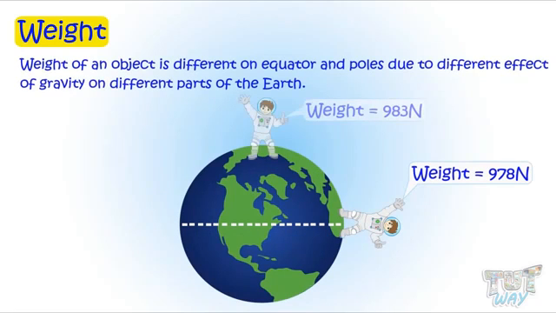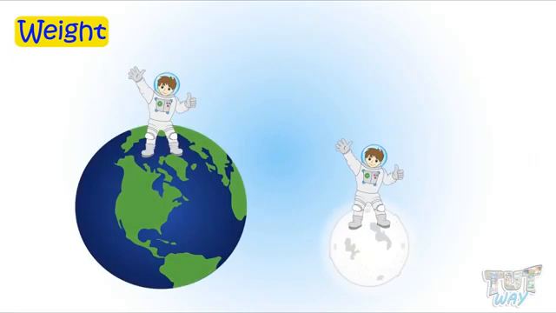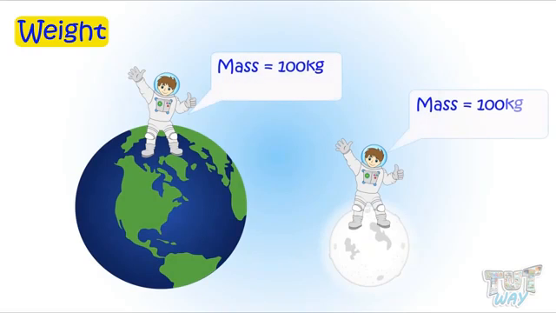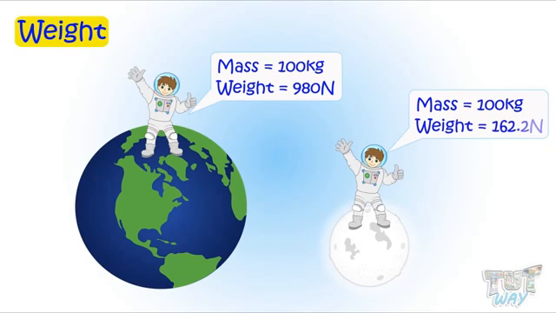Weight of an object is different on the equator and poles due to different effect of gravity on different parts of Earth. If a person is having mass 100 kg, then his weight on Earth can be 980 Newton, whereas on the moon it will be 162.2 newtons.